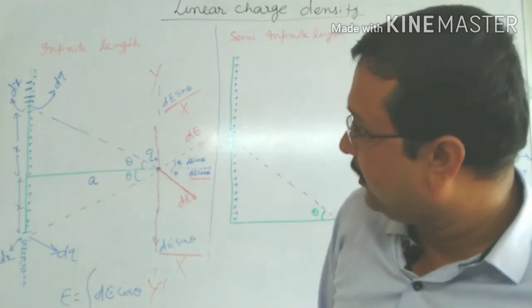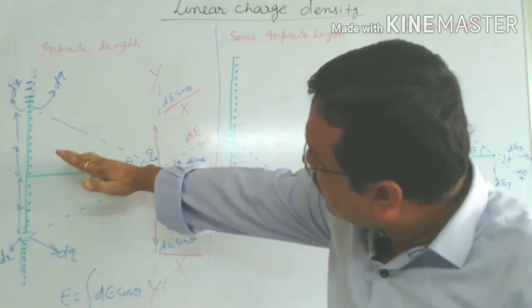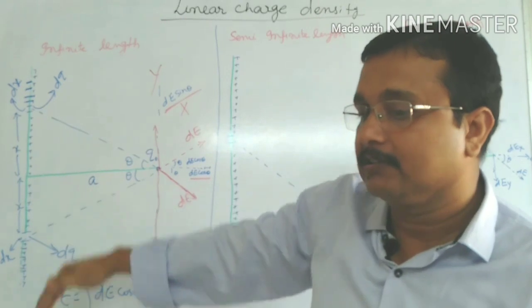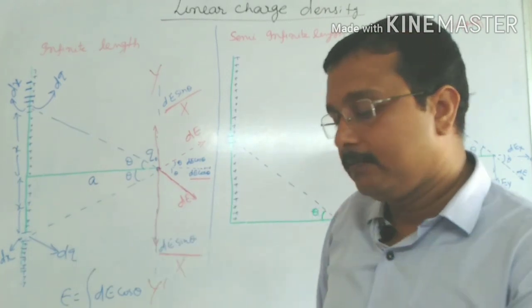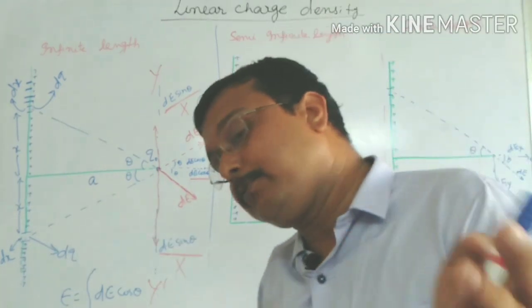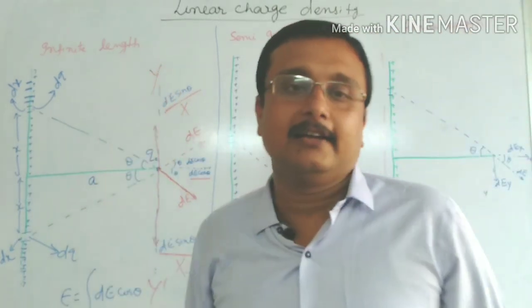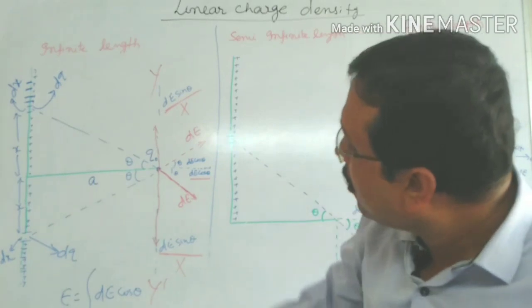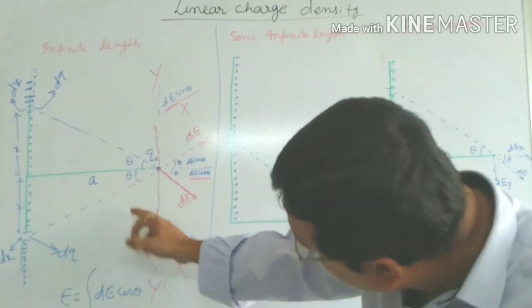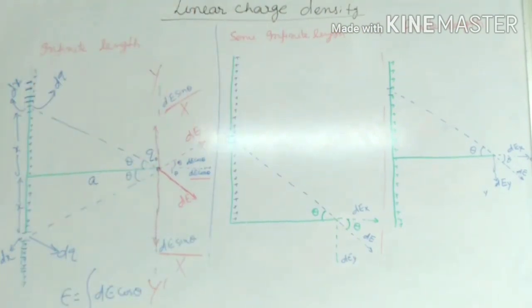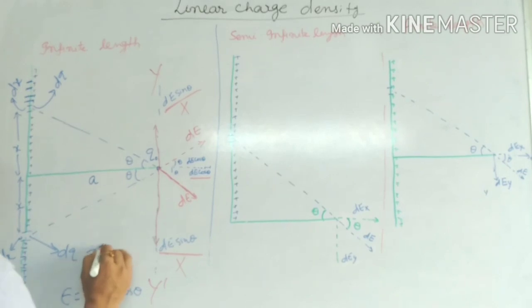But see, above this reference line we are moving in the clockwise direction, and in this way in the anti-clockwise direction. So for finding the magnitude, we have to take one side as positive and the other side as negative. Generally we take the anti-clockwise direction as negative. In this direction we will take minus. So what will be the limit? Minus pi by 2 to pi by 2.